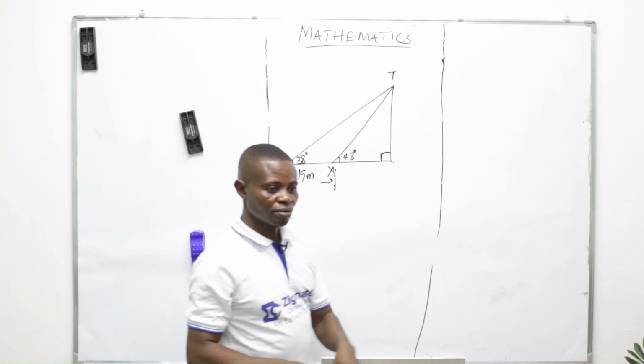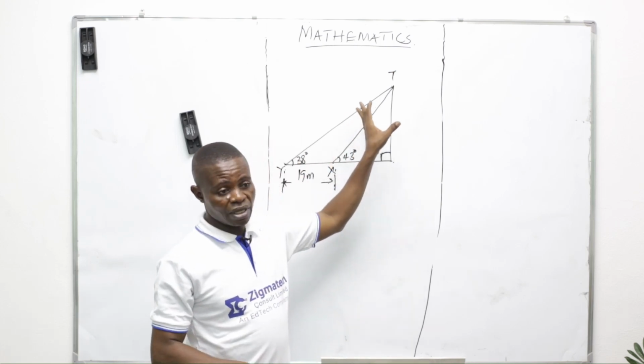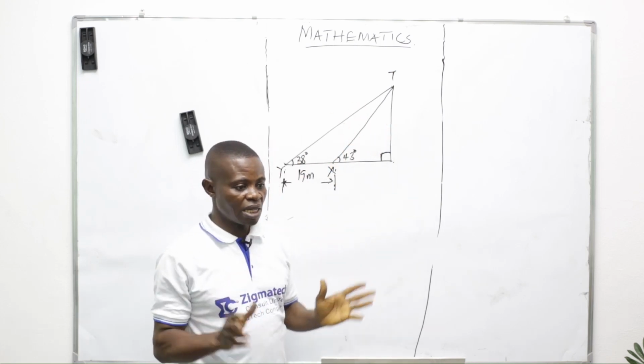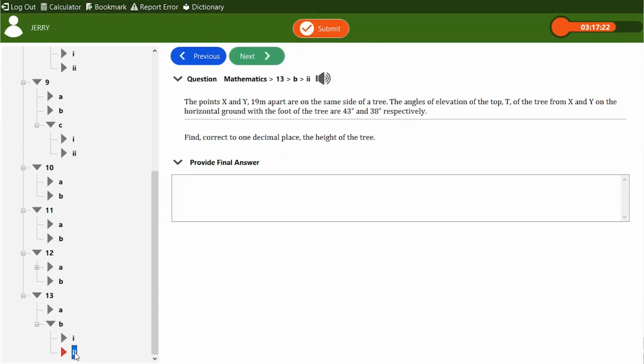Okay, respectively, I have represented the information on a diagram. Now let's see what next they have in mind. Find, correct to 1 decimal place, the height of the tree. Okay, they are interested in the height of this tree.